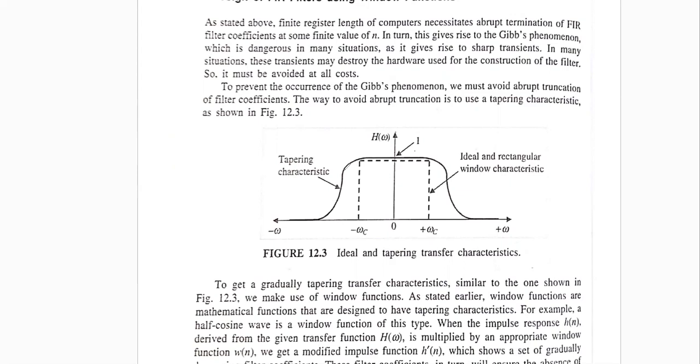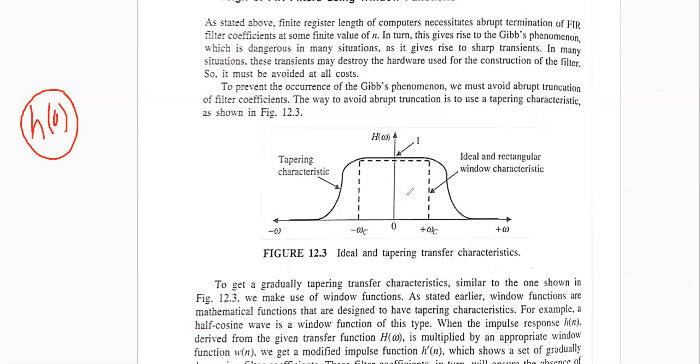This tapering characteristic is actually implemented not in the frequency domain, it is in the time domain. That means our coefficients should be tapering. Our coefficients should be given this kind of shadowing under this window, not in the frequency domain. The frequency domain presentation should remain the same.